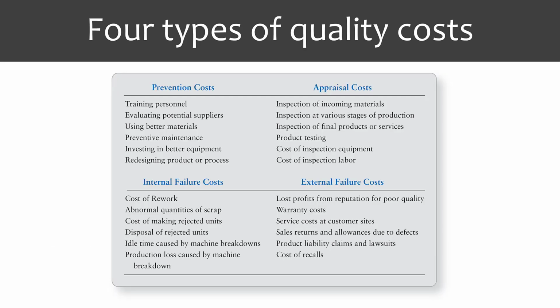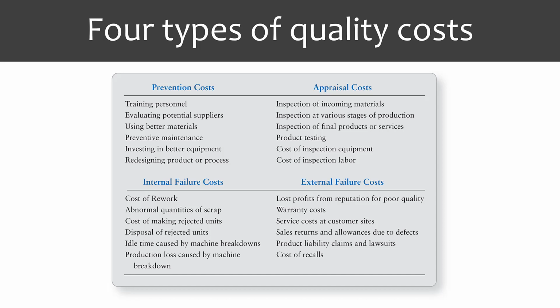Shown are some common examples of the 4 different costs of quality. Prevention costs could include training personnel, evaluating potential suppliers, using better materials, preventative maintenance, investing in better equipment, or redesigning a product or process. Appraisal costs could include inspection of incoming materials, inspection at various stages of production, inspection of final products or services, product testing, cost of inspection equipment, and cost of inspection labor.